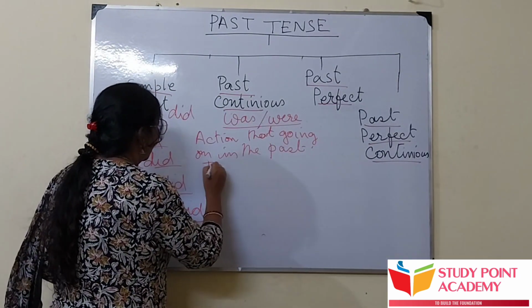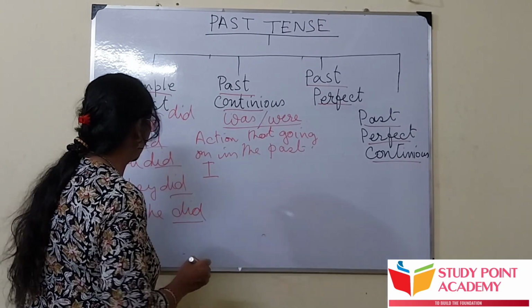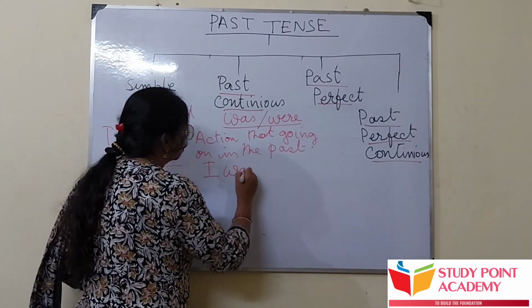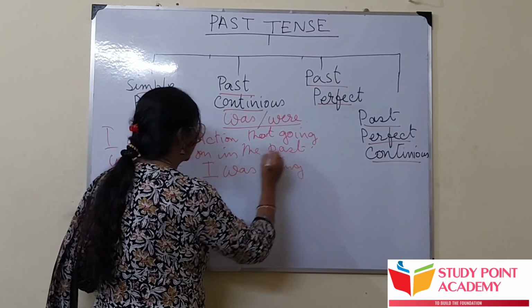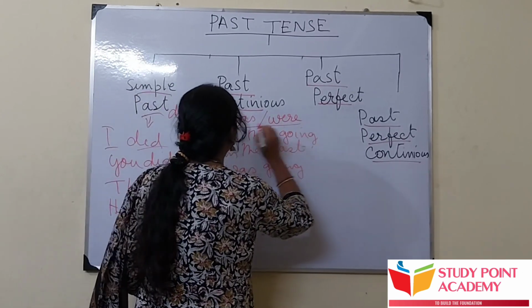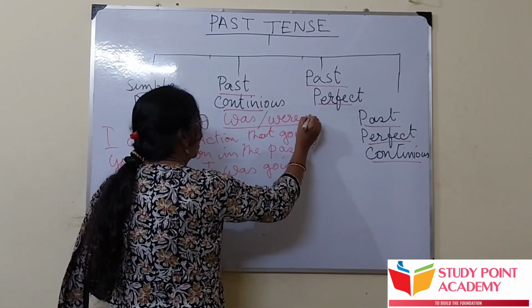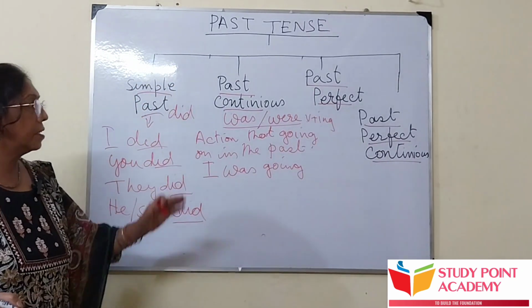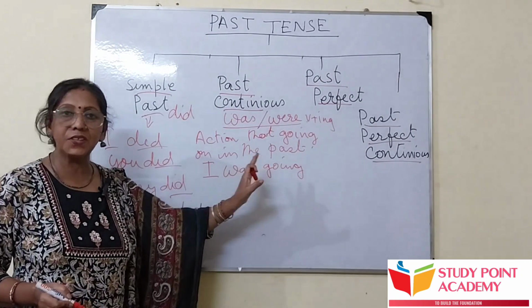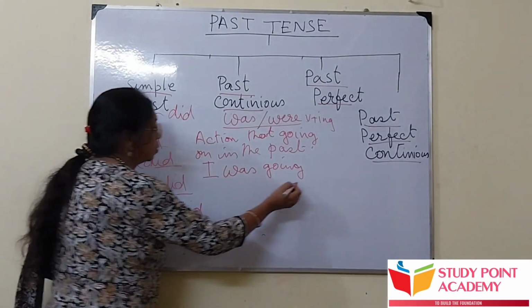Like, I was going to school, and verb plus ing. Wherever there is continuous tense, you have to write the verb plus ing. I was going to school.